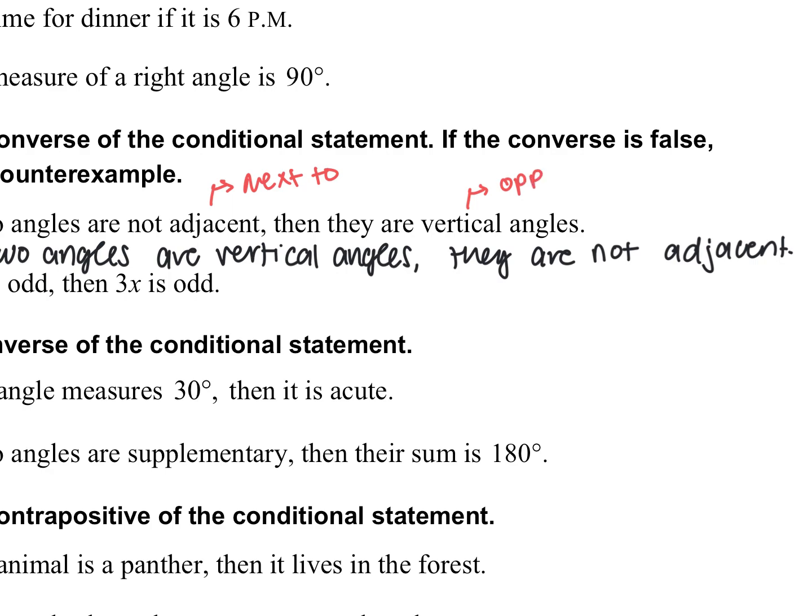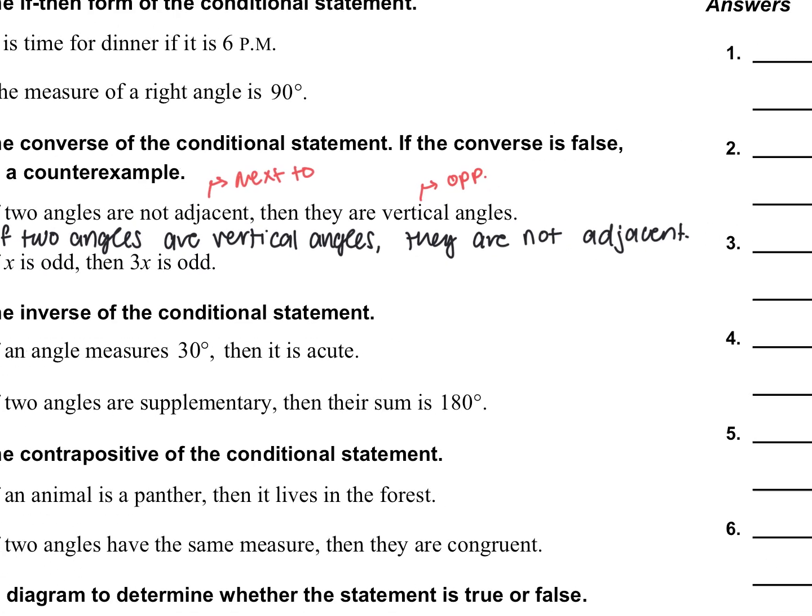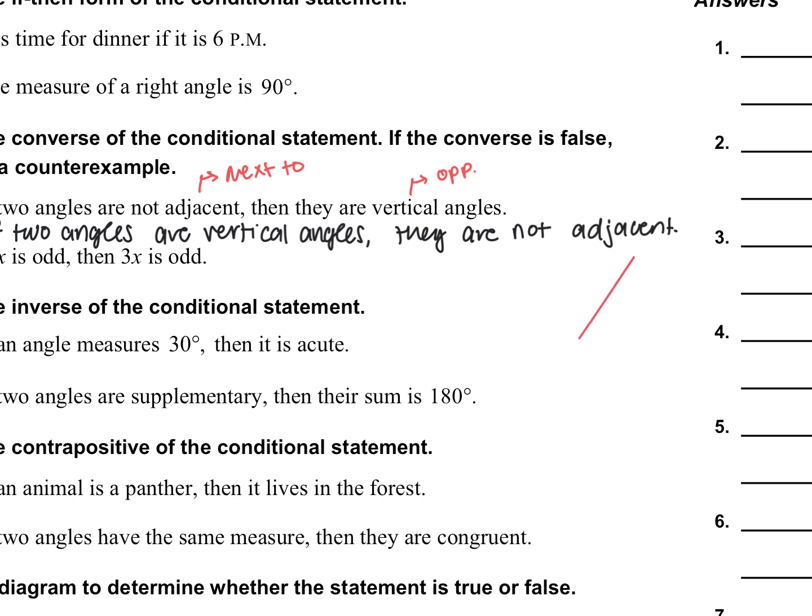So I'm going to draw this out. So let's think about it. If I have angles that are vertical, so it's telling me if you have 2 angles that are vertical, so here are my 2 vertical angles, they are not adjacent. Is that true or false? True. That's going to be true, okay?